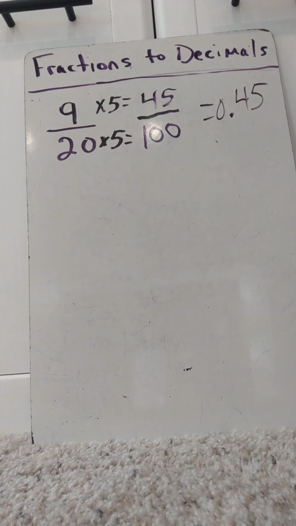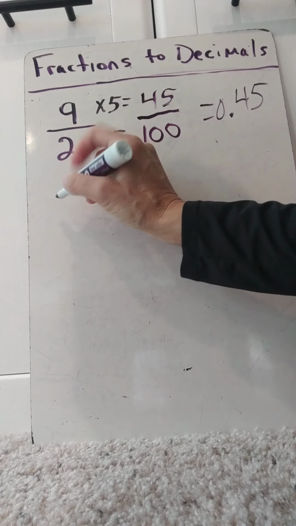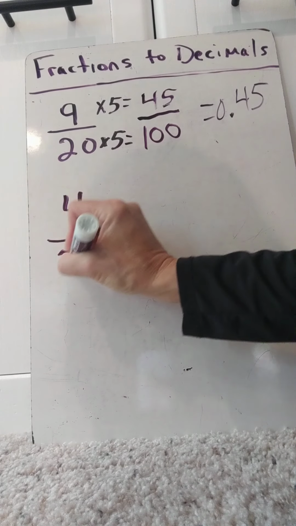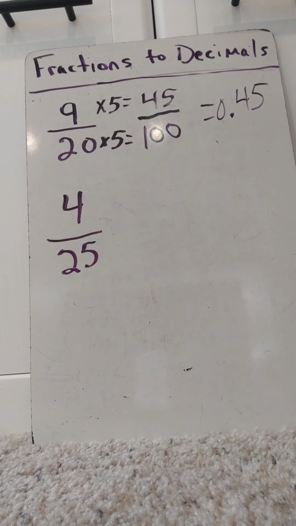I'm going to give you another example, okay? Let's give you this one here. Now remember, you have to think to yourself, okay, I have to change 4/25ths to a decimal. How am I going to do that?